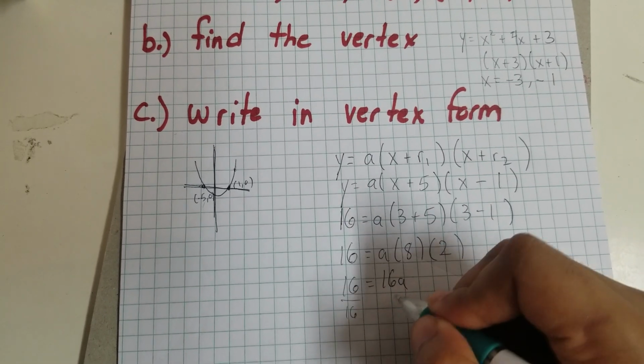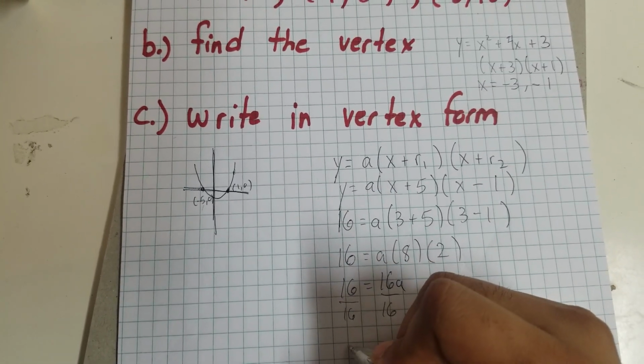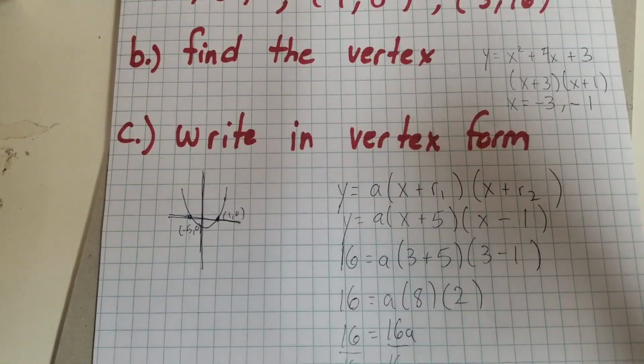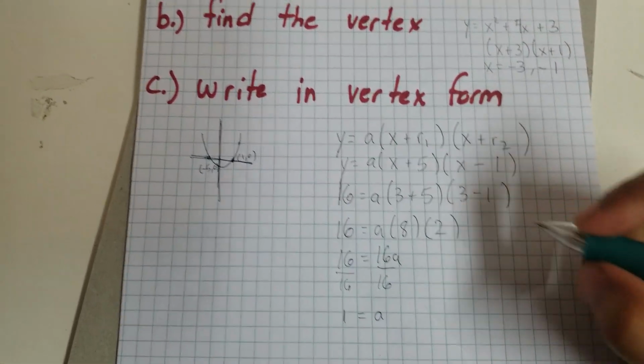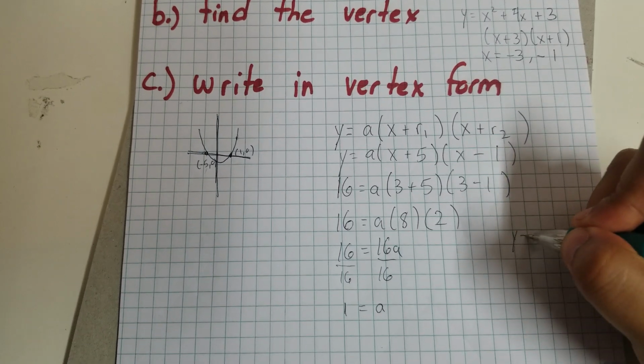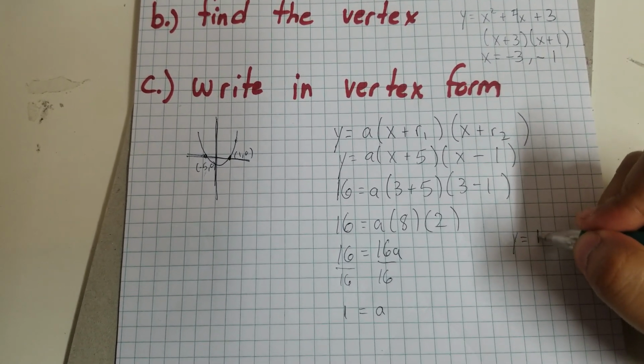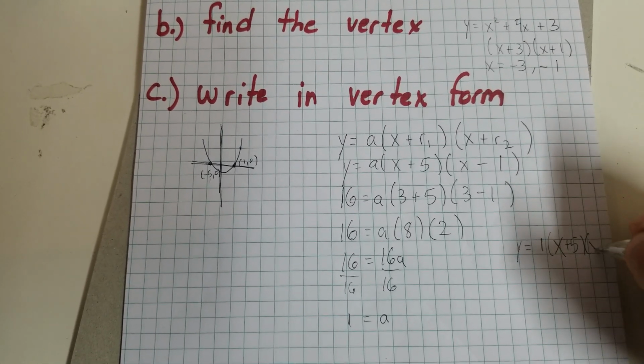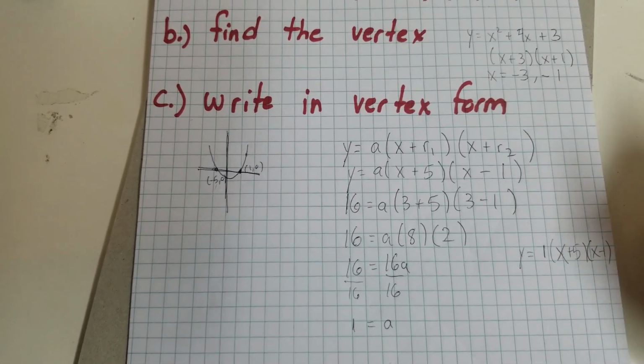When I divide 16 from both sides, I get that 1 is equal to a. Now that I have that, I have an equation of the parabola. So y equals 1, where the a was, times x plus 5 multiplied by x minus 1.